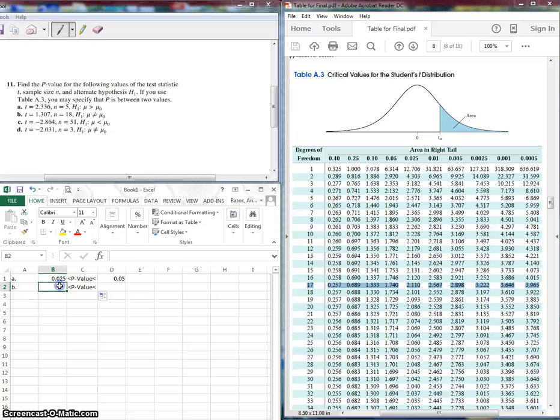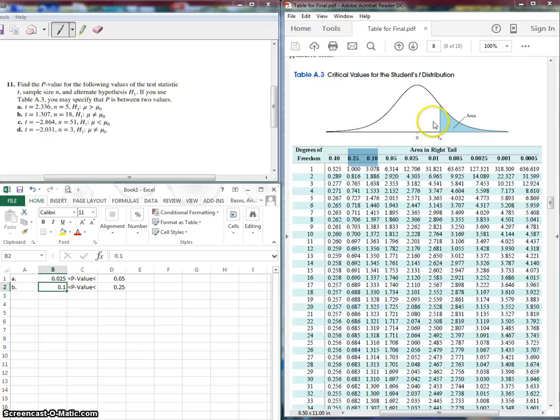So my small one is 0.10. My big one is 0.25. My t is in between these two, which means my p-value is in between these two, kind of. But what did I say? Oh yeah, it's a two-tail test. The two-tail test tells us that we need to do something to these.